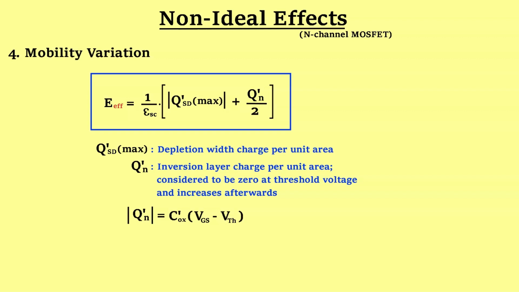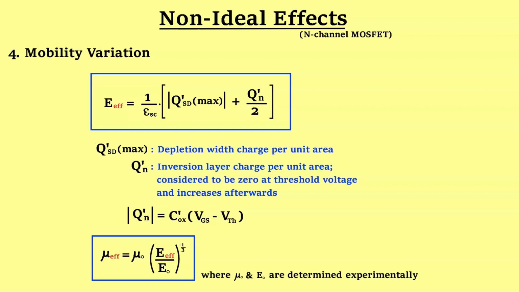At threshold voltage, it is assumed the charge in the inversion layer is 0 and increases when the gate to source voltage is increased further. The most widely accepted formula for effective mobility is equal to mu naught times effective electric field divided by E naught raised to the power minus 1 by 3, where mu naught and E naught are determined experimentally.